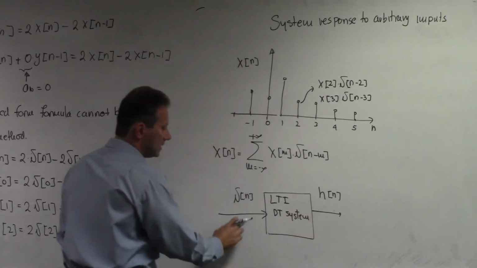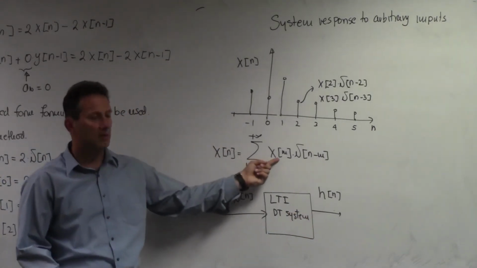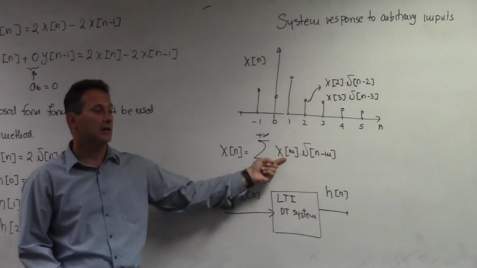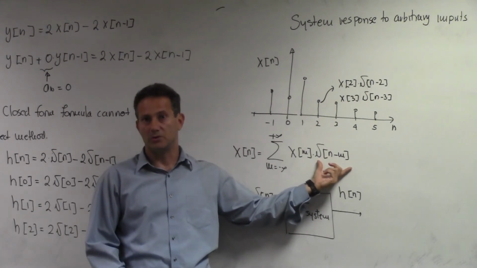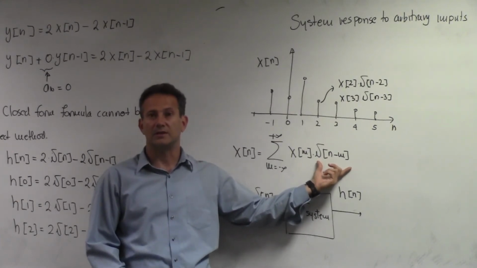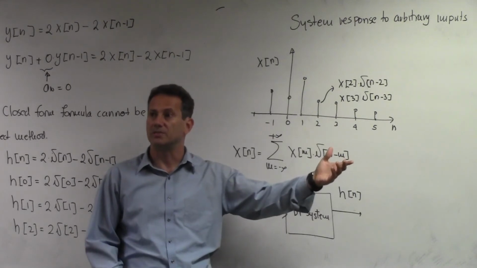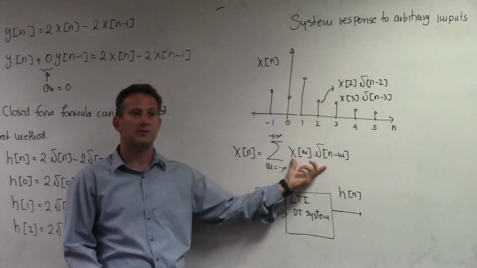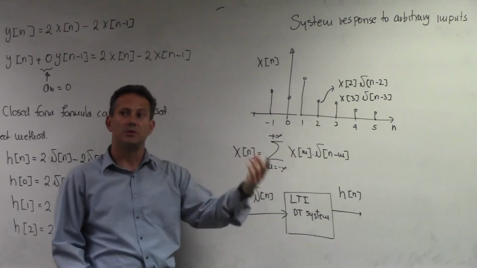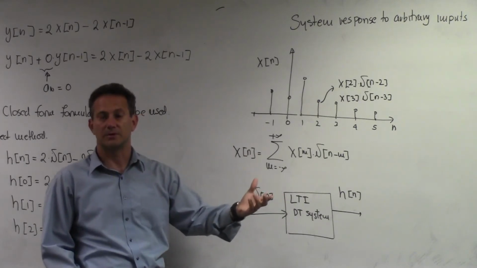So now, if I present my input, I see input as a whole bunch of deltas, then every one of these deltas will produce what? Would produce H, right? Whenever I see delta at the input, what will happen at the output, there will be an impulse response, right? So if I have decomposed my input as a whole bunch of delta functions, my output needs to be a linear sum of delta responses, of impulse responses.